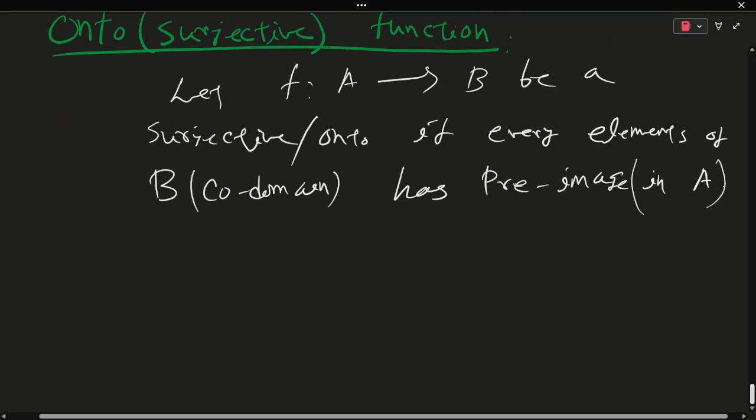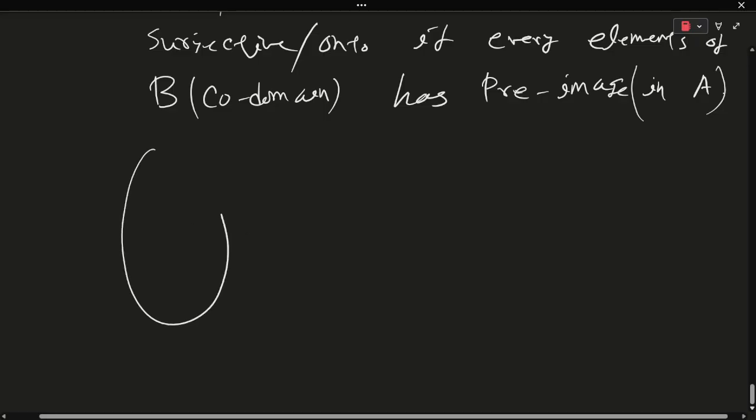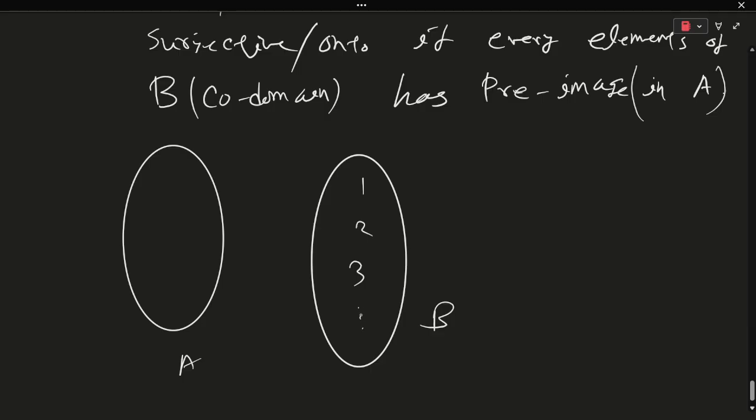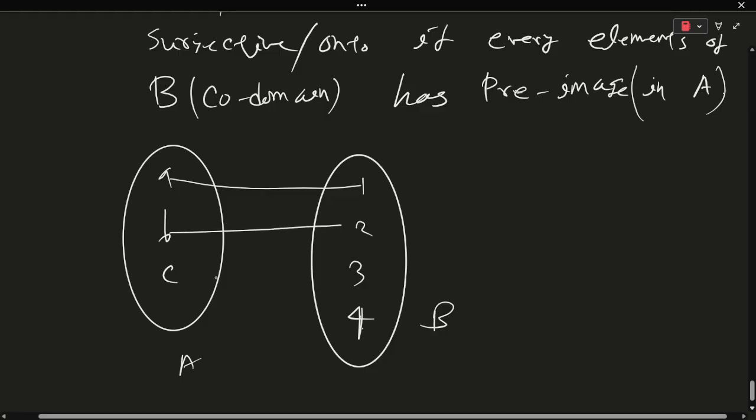Okay, actually this is a very important notion. So surjective means every element in B has a pre-image. That means this is A, this is B. Say 1, 2, 3, 4 in A and a, b, c, d in B. This is called the codomain.